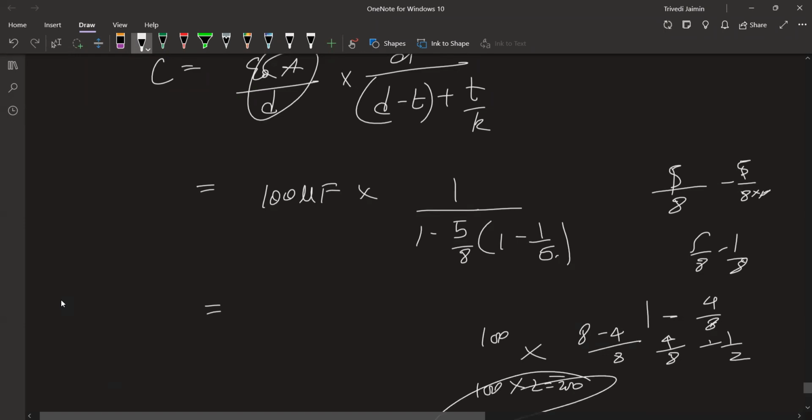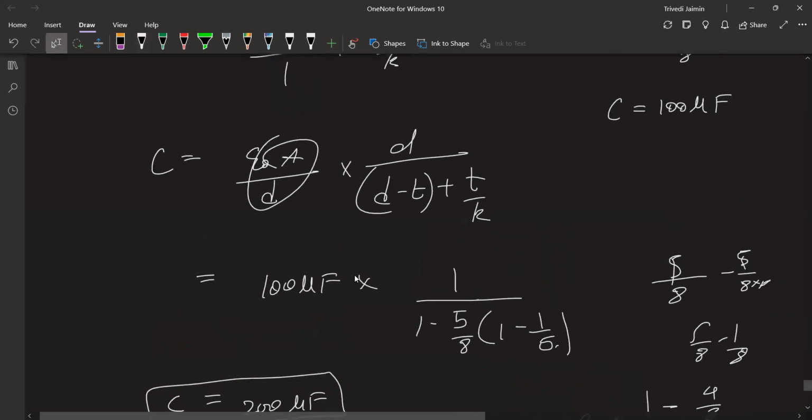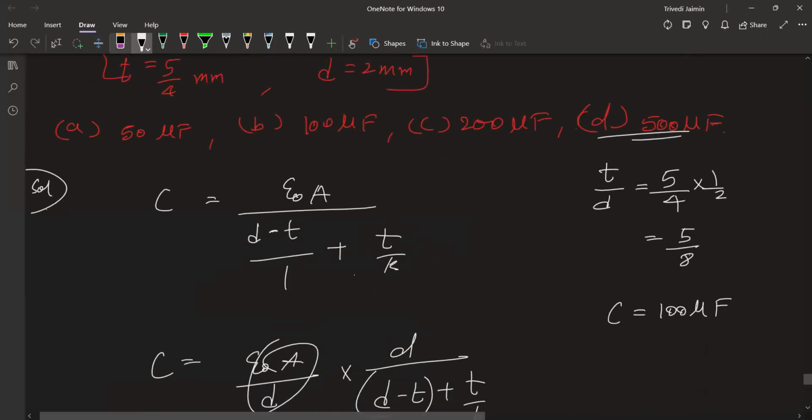No, I'm getting 200. See, I used the same formula. I just expanded this one in A and D. Sorry, D and D. This will get cancelled. Forget this one.